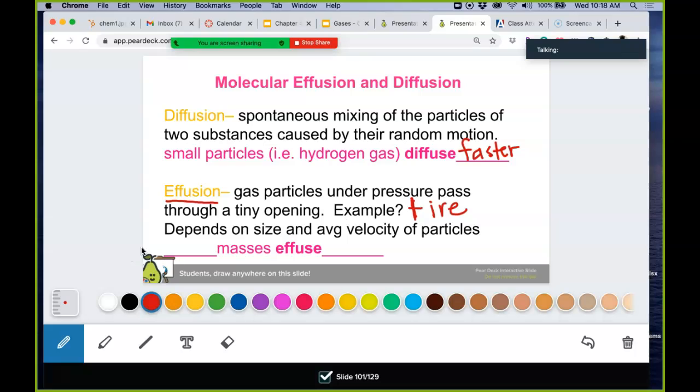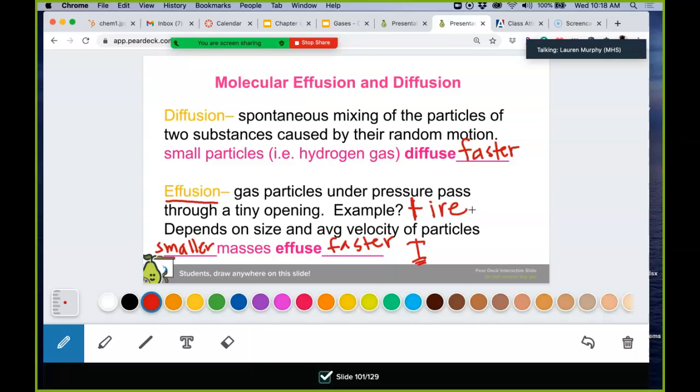Now, smaller masses effuse faster. If they are smaller, they can fit through the opening easier. They also move faster if they're smaller. So if they move faster, they have a better chance of reaching the opening and escaping. Now, this is also affected by temperature, right?